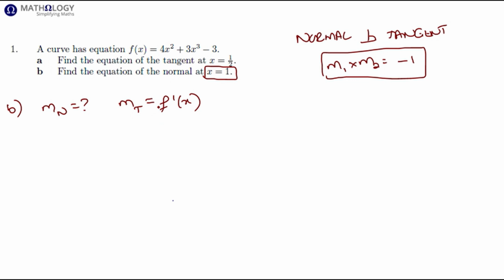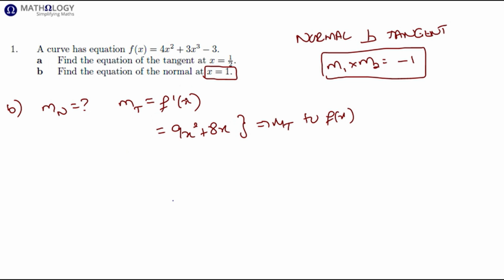So the gradient of the tangent is given by f prime x, which we know is 9x squared plus 8x.